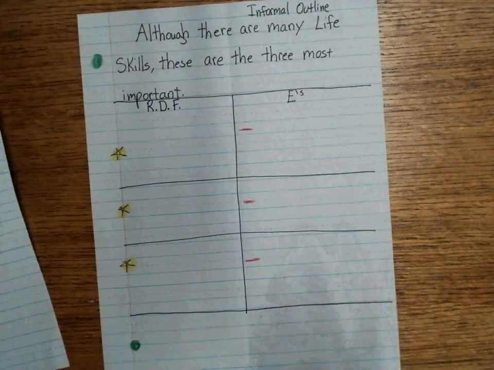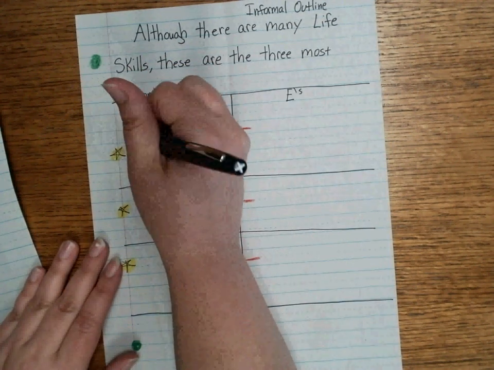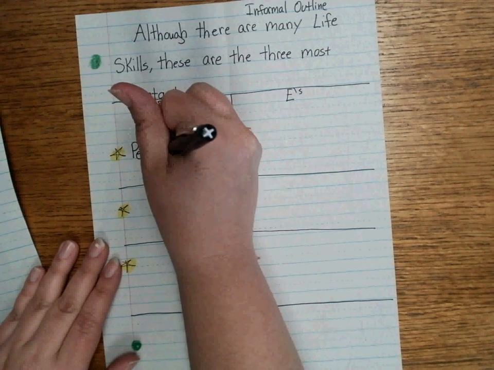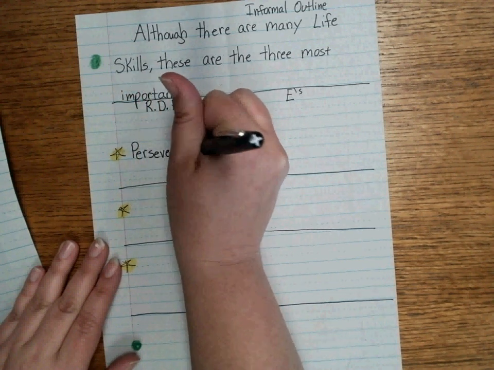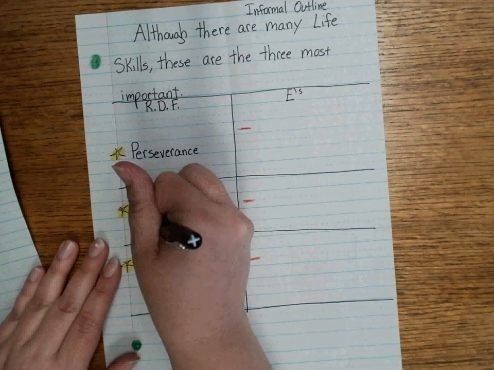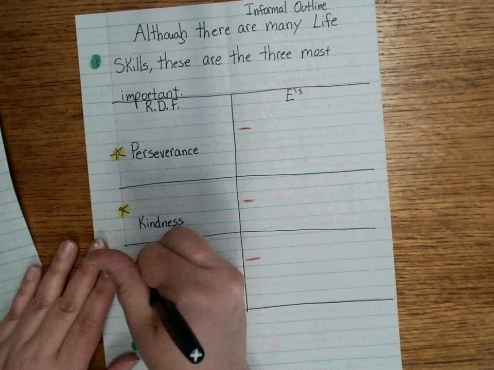The next step, now I'm going to add on my star ideas, which are these three that I circled. So I'm going to go ahead and add those on. I had perseverance, kindness, and integrity.